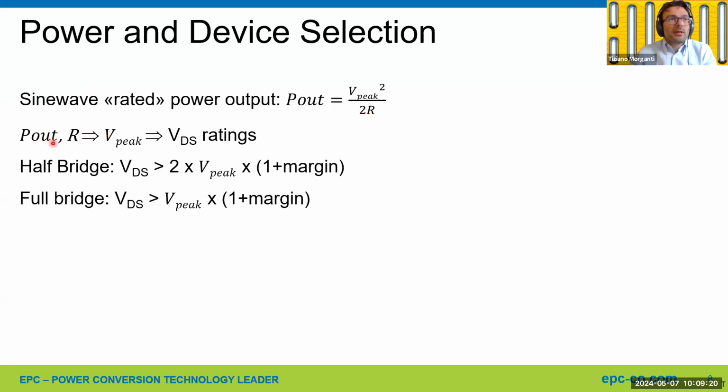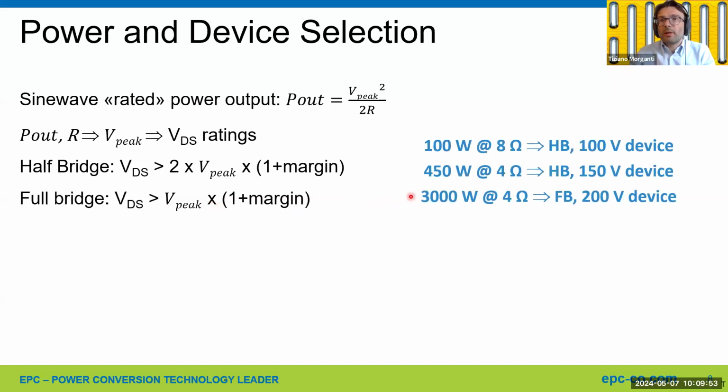So given the power output and the load, you can obtain the peak voltage, and this is related to the VDS rating. In case of a half bridge topology, the VDS rating is 2 times the peak voltage plus some margin. In case of full bridge topology, the VDS rating is equal to the peak voltage plus some margin.